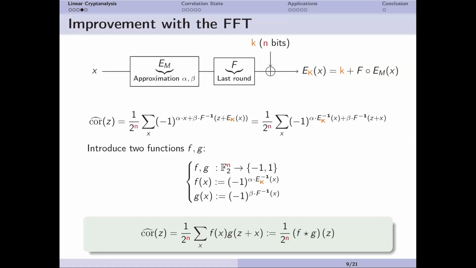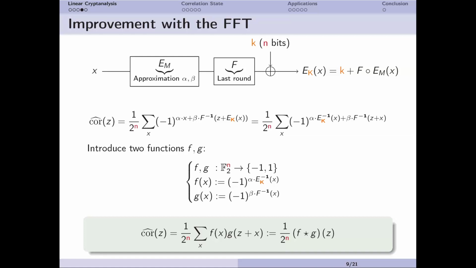You're going to rewrite this in order to introduce two functions, f and g. f is going to depend on the cipher, so this is the part where you have the E_{K-1} here, and g is going to depend on just the last round. And the formula for the experimental correlation becomes actually the discrete convolution of the two functions f and g. So computing the correlation for all possible guesses of z is actually computing the discrete convolution of f and g.